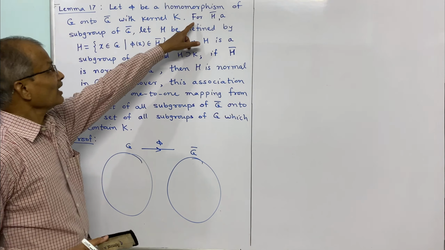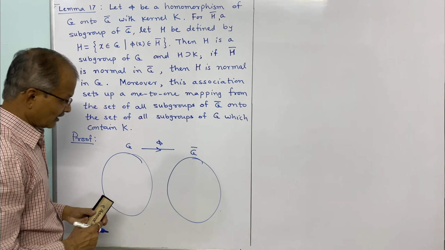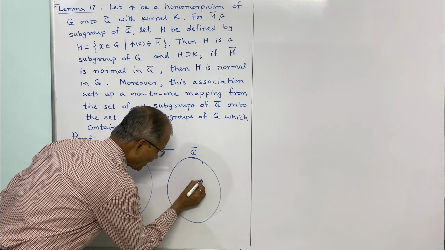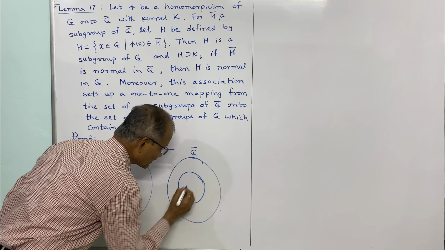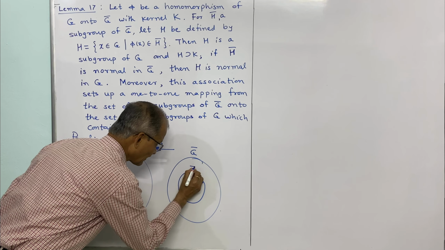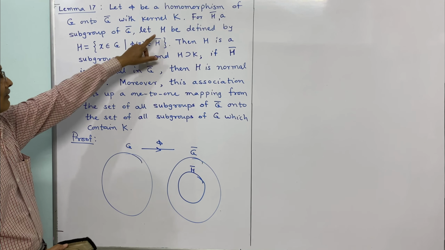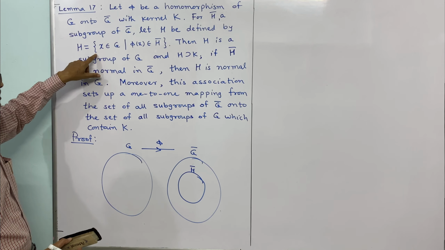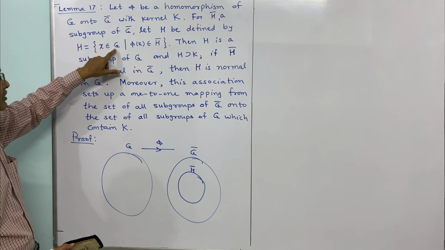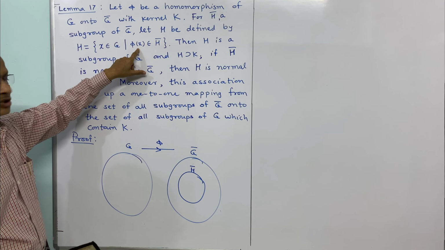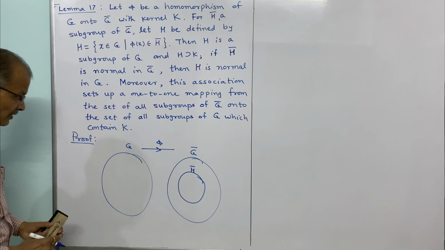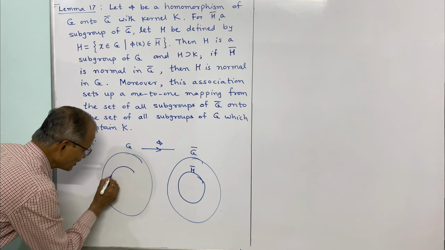Further, H bar is a subgroup of G bar, that is given. So H bar is a subset of G bar and it's a subgroup. And corresponding to this H bar, we have H defined as those elements of G whose image is in H bar. So that means this will be H.